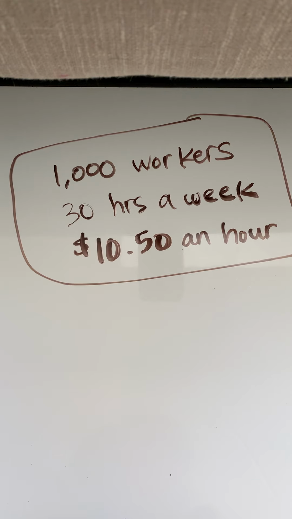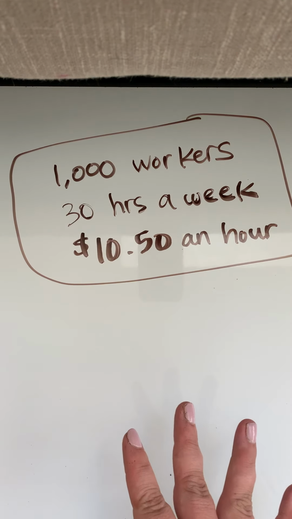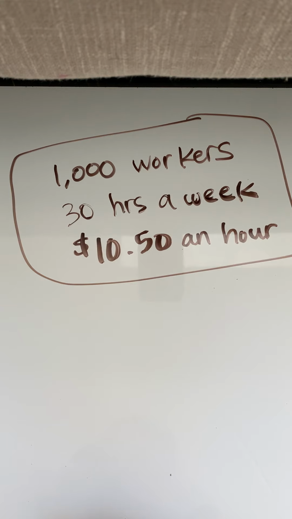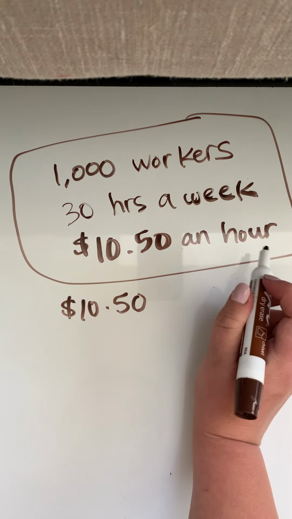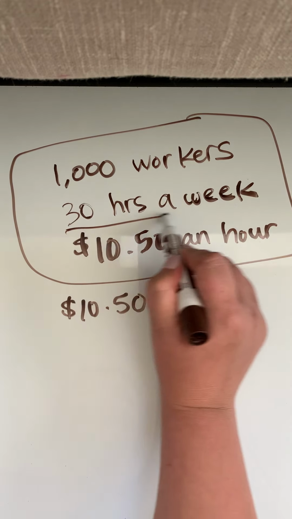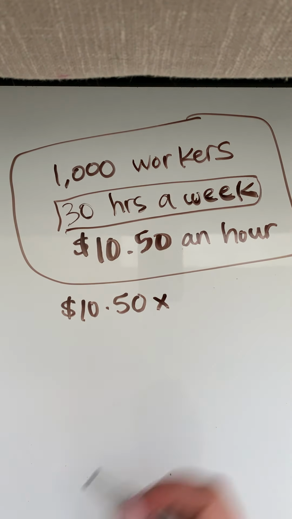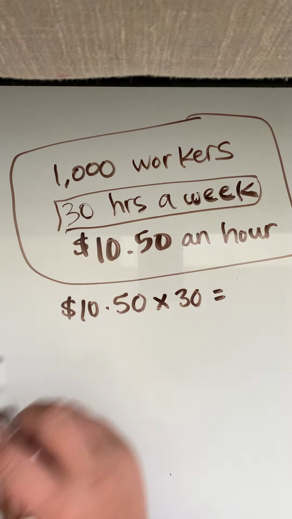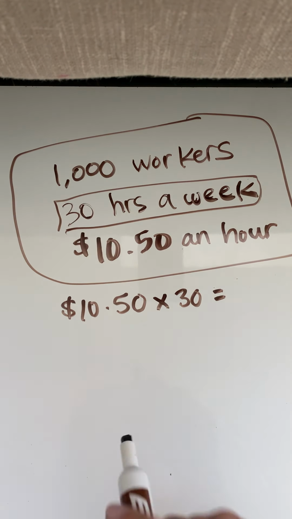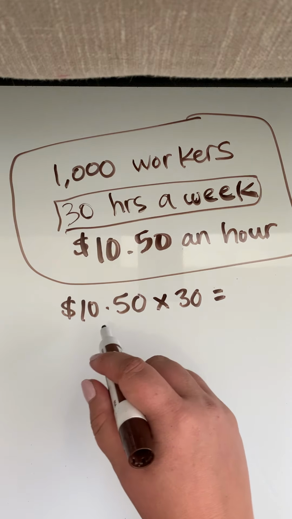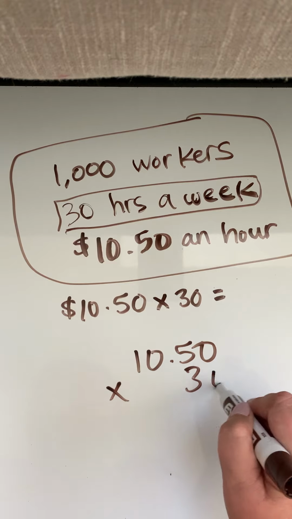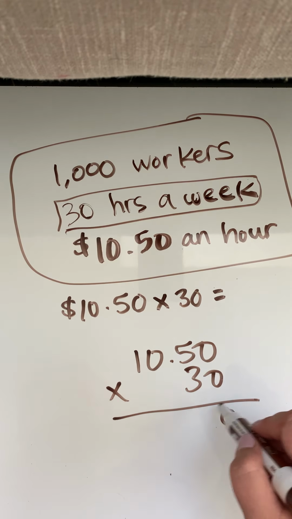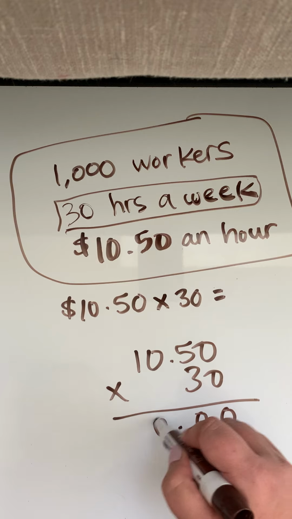All right, so the first thing that I'm gonna do, pause the video actually and try this out on your own. Okay, come on back. The first thing I'm gonna do is I'm gonna take my $10.50 that a worker makes an hour, and I'm gonna multiply it by how many hours they work a week, which is how much? 30, yep. Okay, now I'm going to go ahead and do this here, 0, 0, decimal 0, 0.